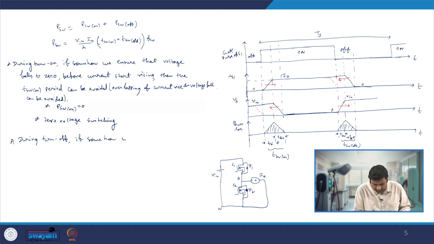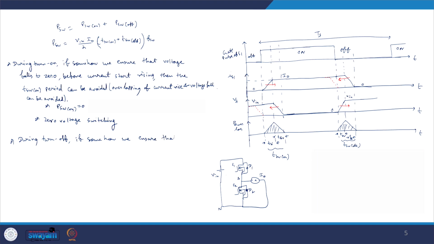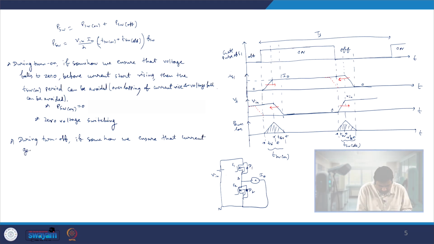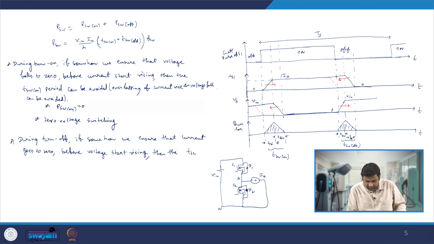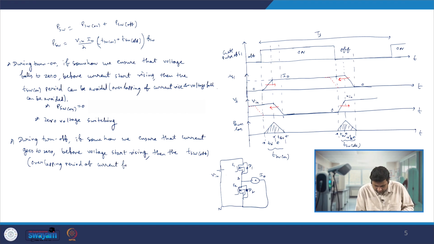If somehow we ensure that current goes to 0 before voltage starts rising, then the turn off switching loss is avoided, which is nothing but overlapping of voltage and current, and voltage rise can be avoided.